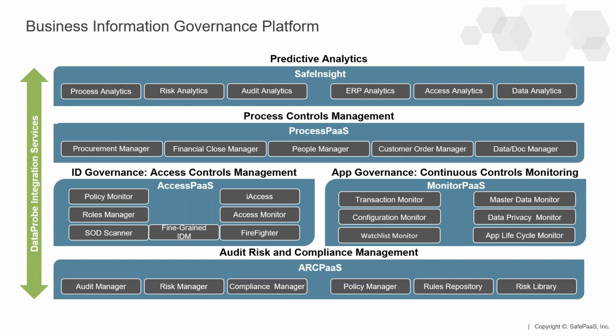So let me break that down a little bit. Financial identity governance is part of our overall information governance platform. It has more components than just access governance, and the reason for that is we think of the enterprise today as buying a holistic information governance solution as opposed to a number of fragmented cases.